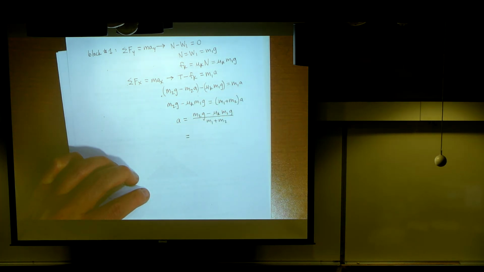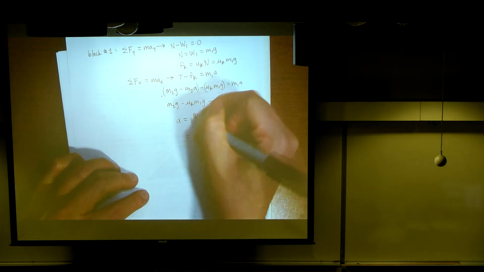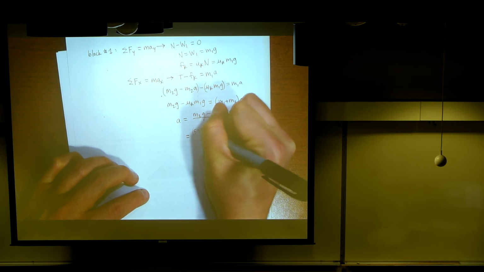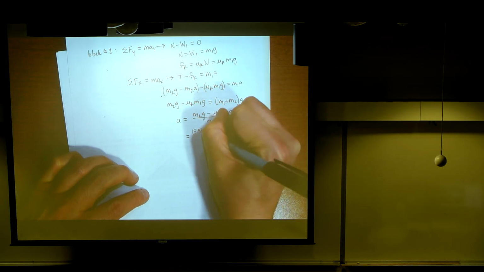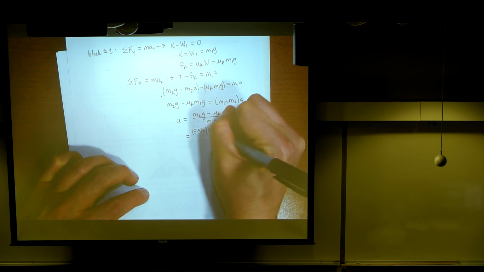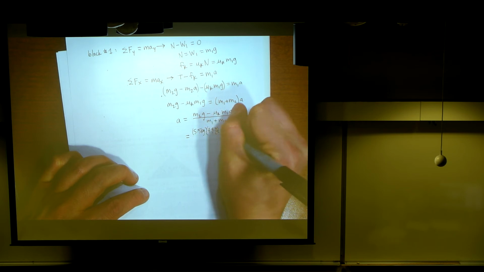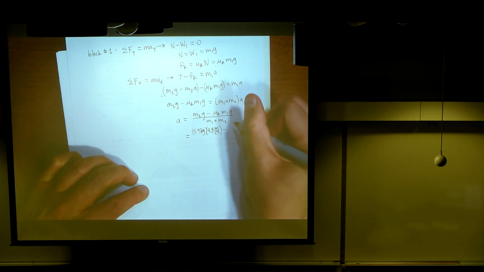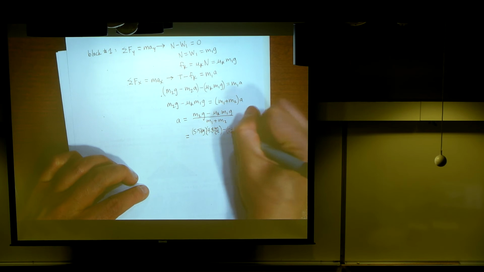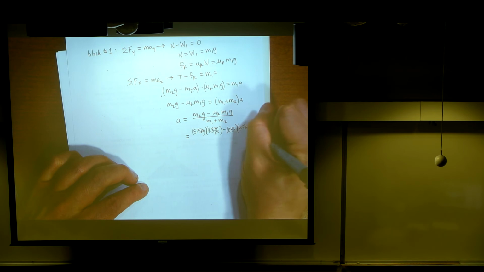All right, M2. That's 5.5 kilograms. G is 9.8 meters per second squared. Mu K is 0.43. M1 is 4.5 kilograms.